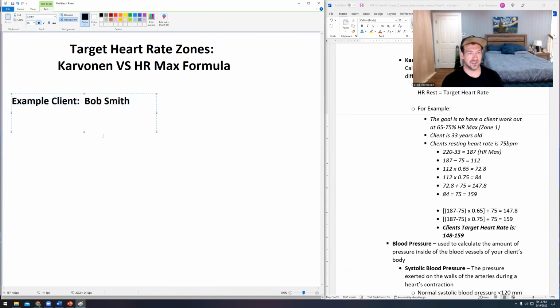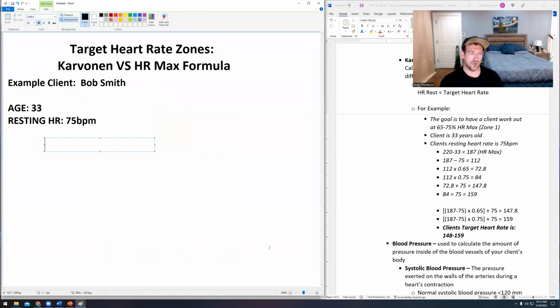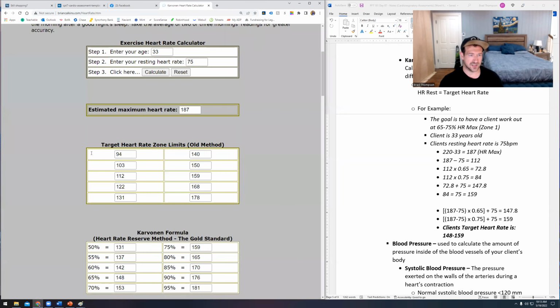So let's say Bob Smith's age first. Their age is 33. Their resting heart rate is 75 beats per minute. Okay, so there's our client Bob, right? So we'll put the heart rate max formula over here. And here are his zones.